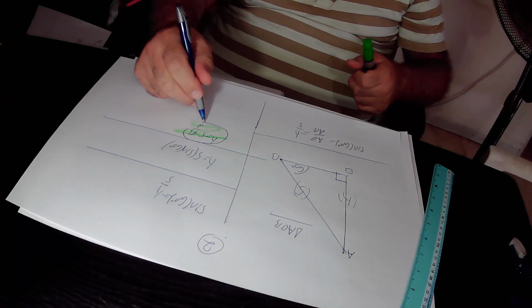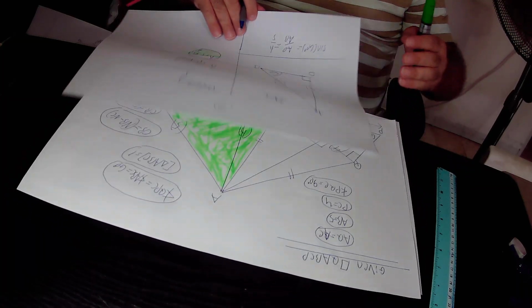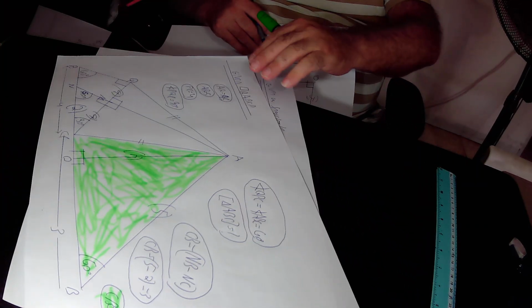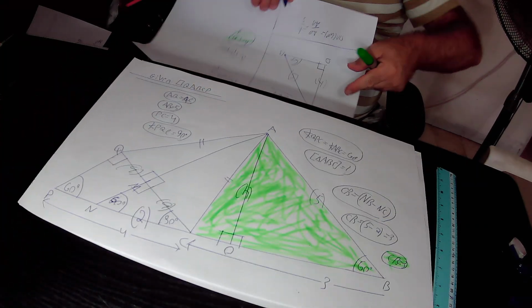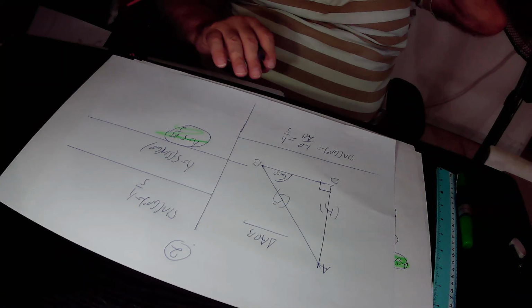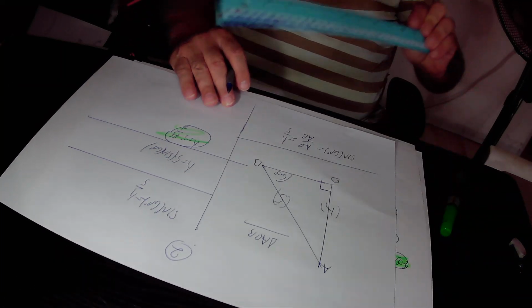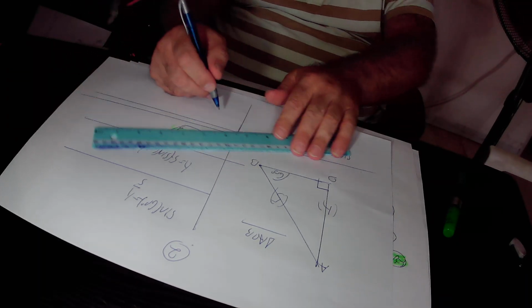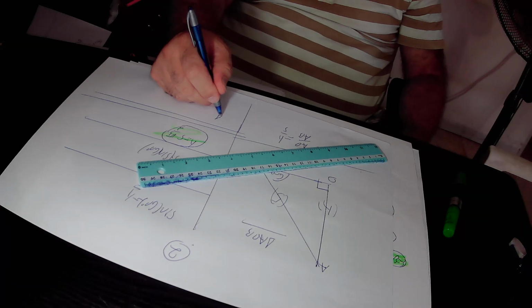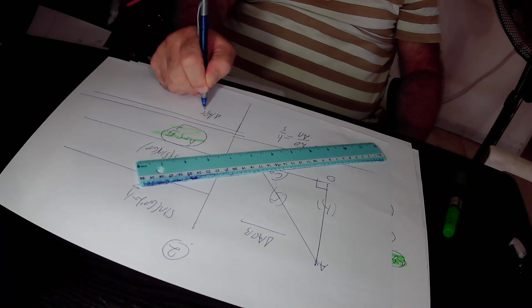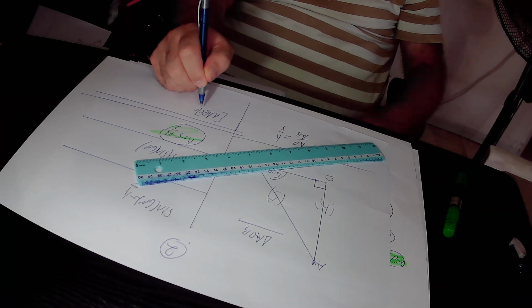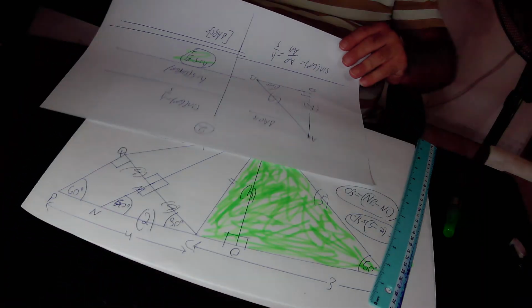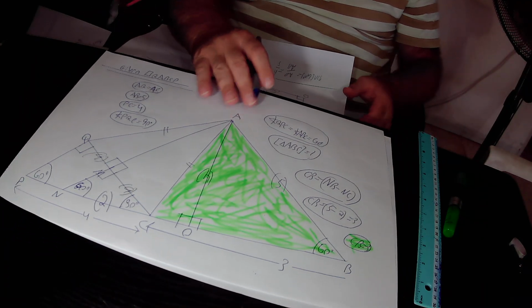Our task is to find the area of this green triangle, triangle ABC. So what is the area of the green triangle ABC? We know that the area of any triangle equals the base times the height over 2.